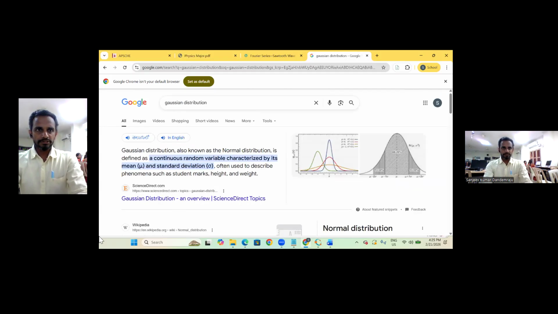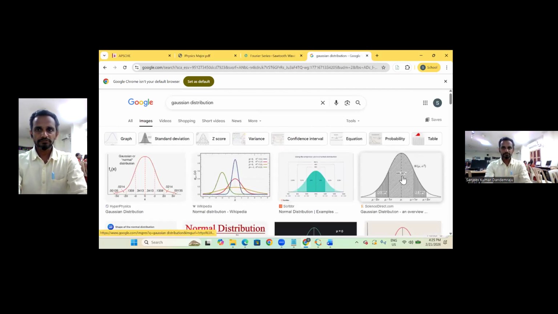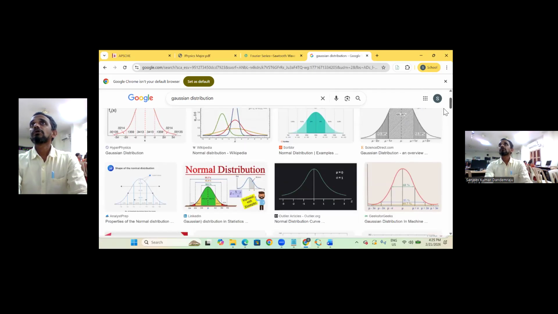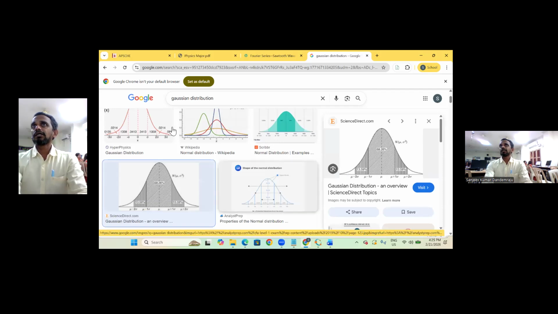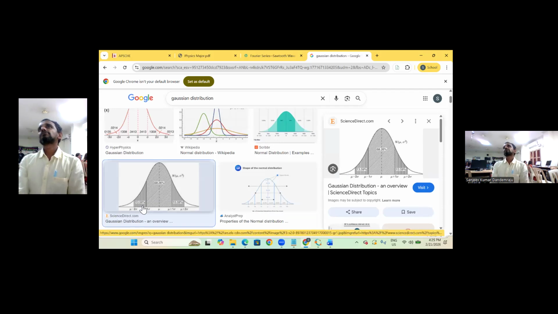It looks like this. A portion of the people will get below average marks, the majority will get average marks, and very few people may get better than average.